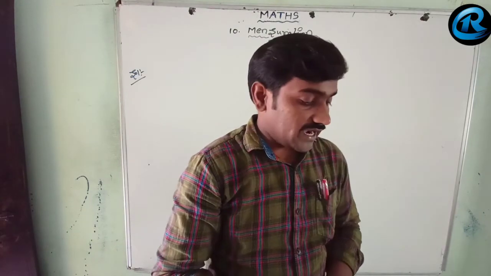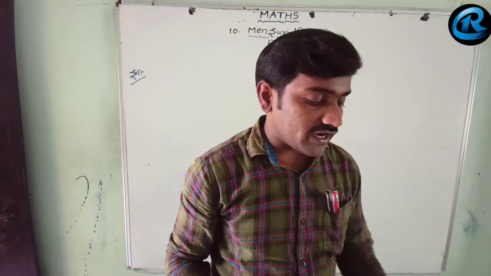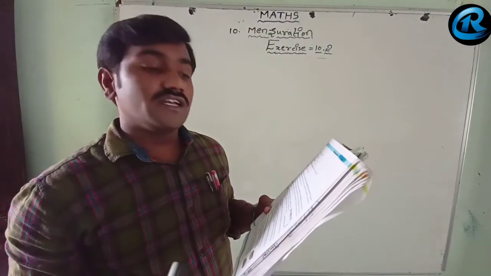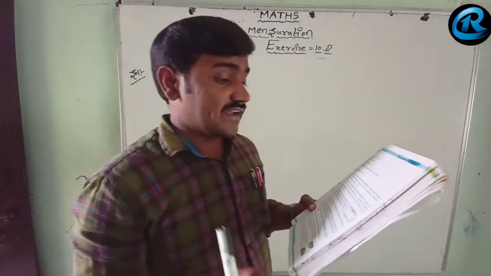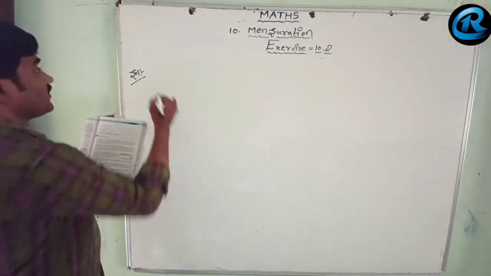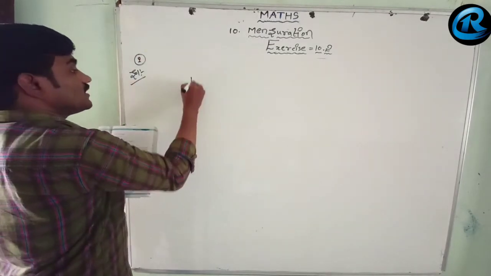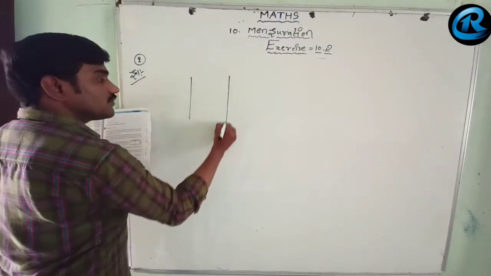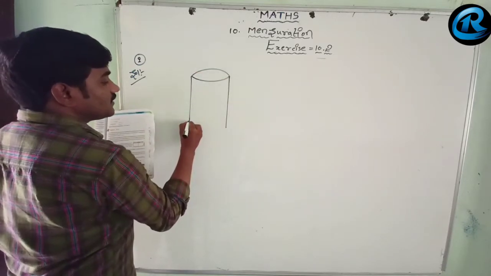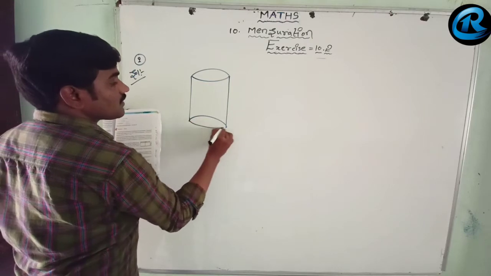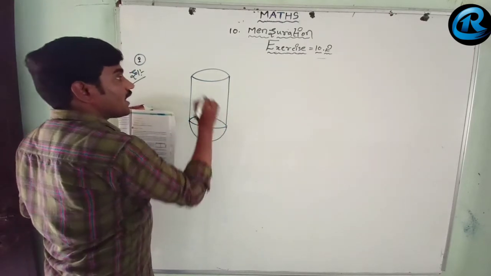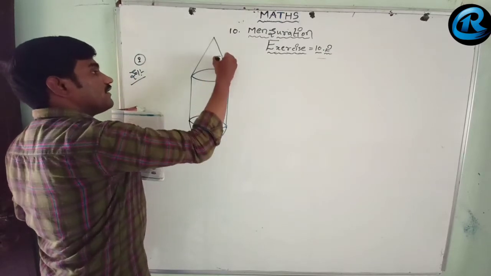The second question is that a solid in the form of a right circular cylinder, with a hemisphere at one end and a cone at the other end.